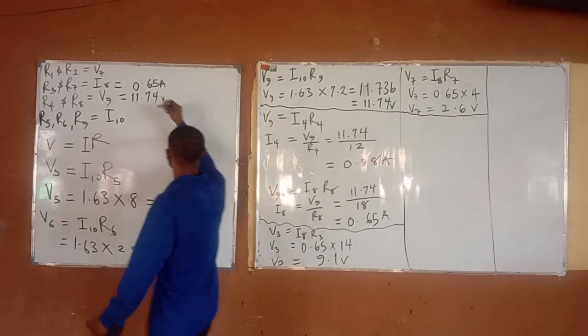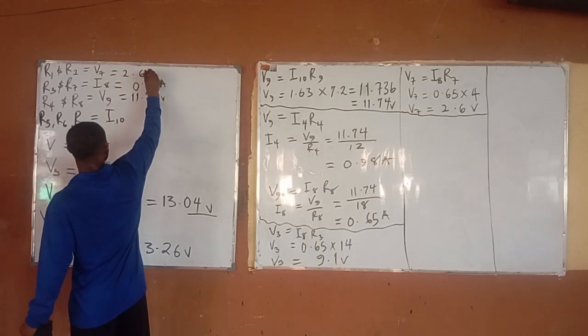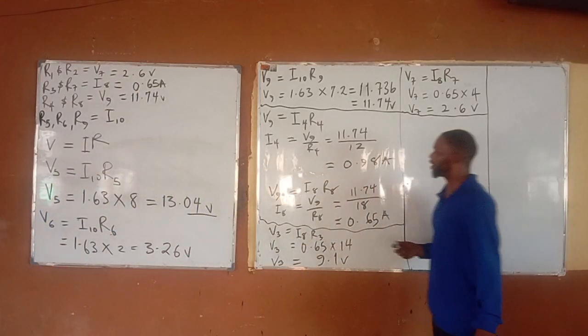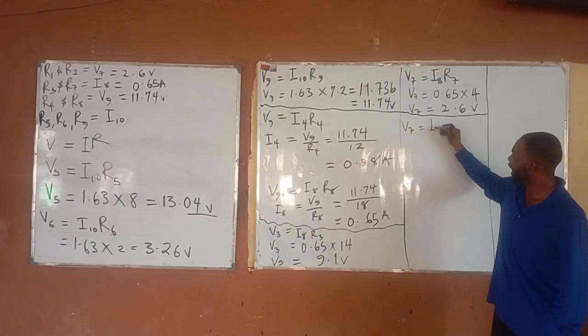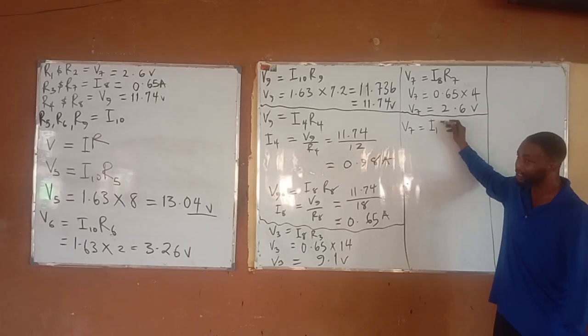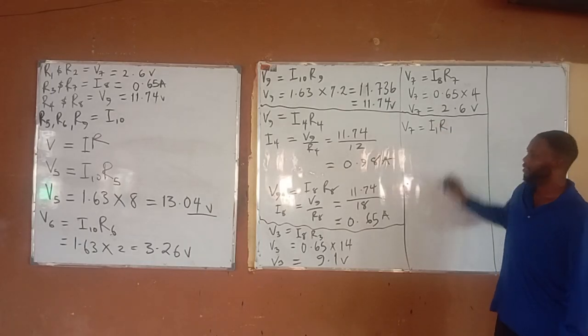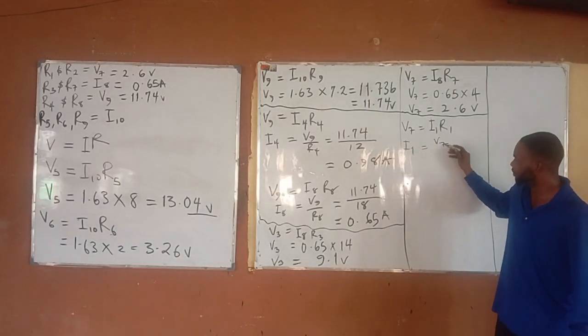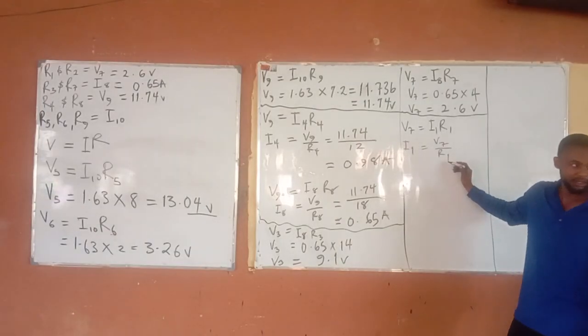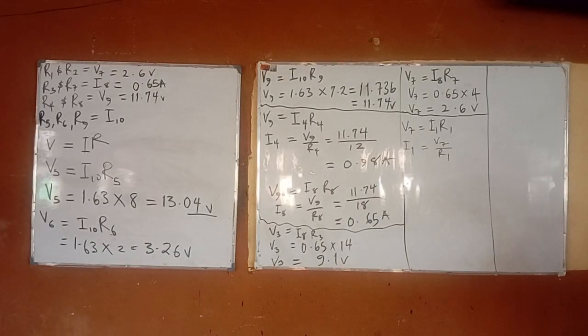Oh yeah, so now see, I've gotten V7. That means it's not easy for me to come and simply put equals to 2.6 volts here. So now to find R1, I'll simply now do V7 equals to I that is in resistor 1 and then R1. So that you now see that, if you are getting it, it now has to be I1 equals to V7 over R1. Are you following this? I think the problem is you need to work more on indices and logarithm.